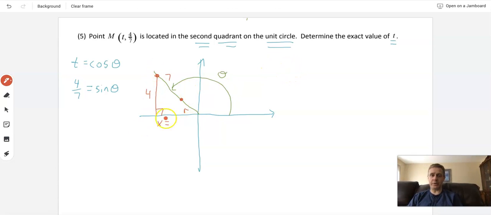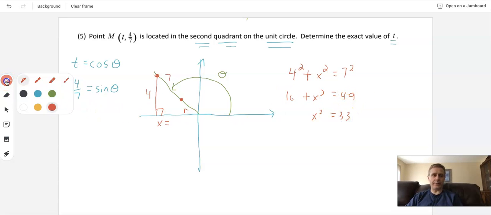Solving for x using the Pythagorean theorem, I would have 4 squared plus x squared equals 7 squared, and 4 squared we know is equal to 16. 7 squared is equal to 49. We can subtract 16 from both sides, and 49 minus 16 is 33.